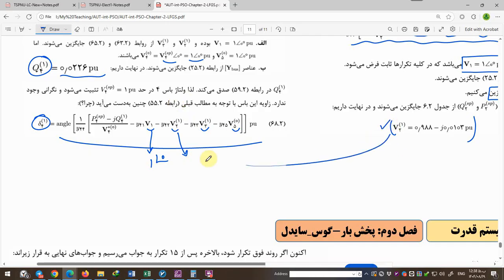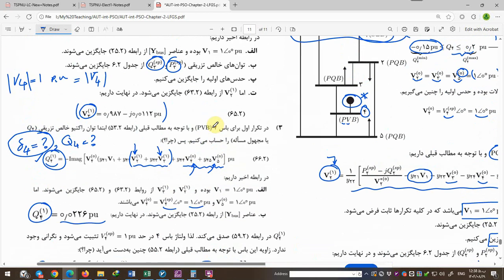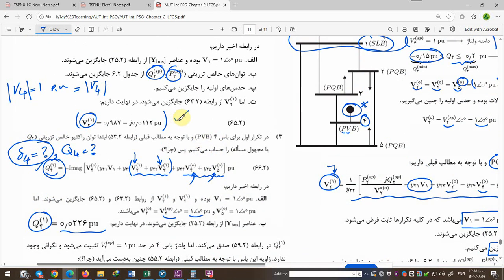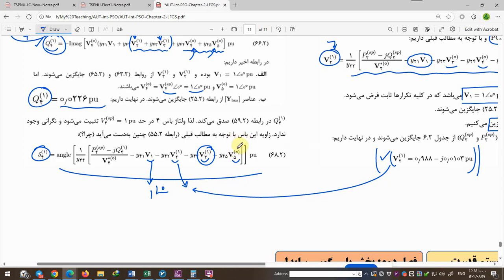Here we have the last version of v2. v3, we have last version of v3 here, but v5, unfortunately we didn't have any updated form. The last or only value for v5 is initial value. Initial value of v5 is 1 with 0 angle.